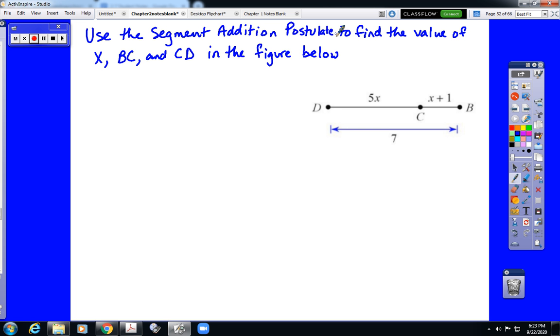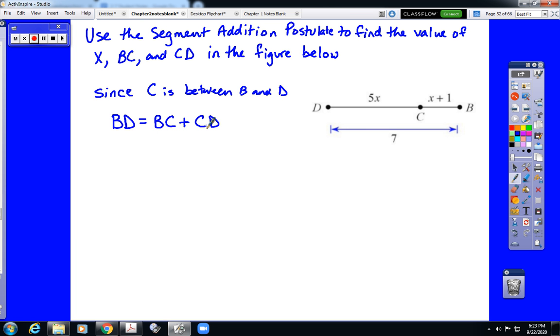C is located between B and D. So since C is between B and D, we can write the equation BD equals BC plus CD using the segment addition postulate.